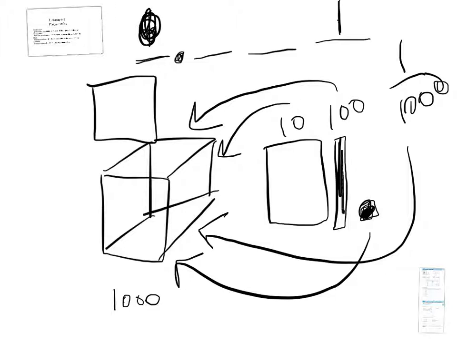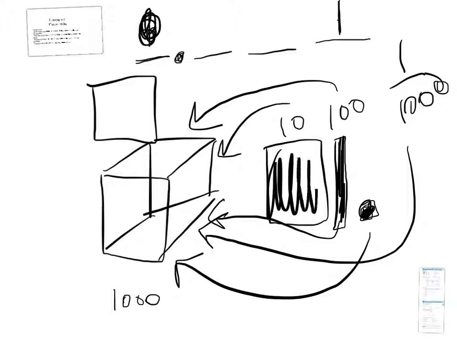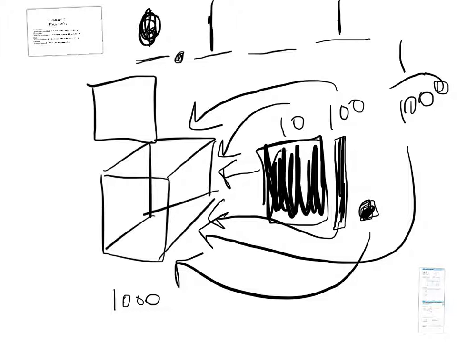And then there are 100 longs to make a big cube, and 10 flats to make the big cube. So 1 flat would be here, 1 long would be here.